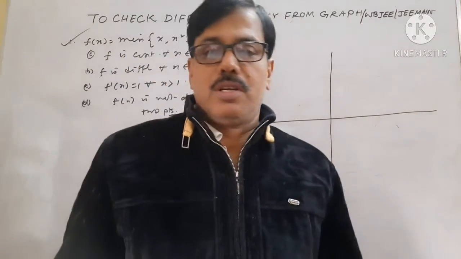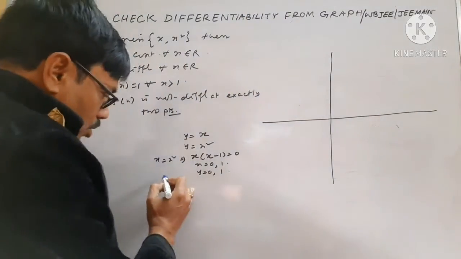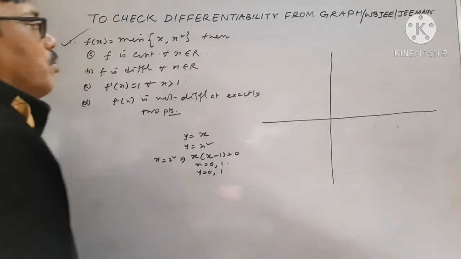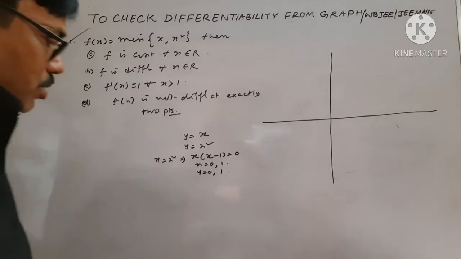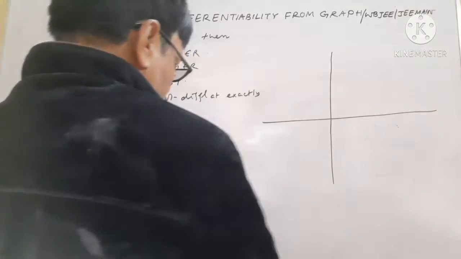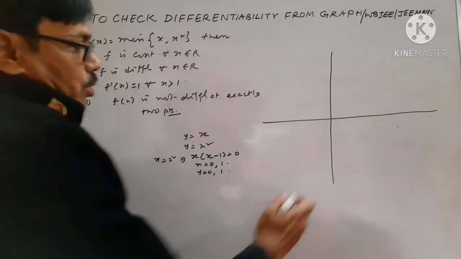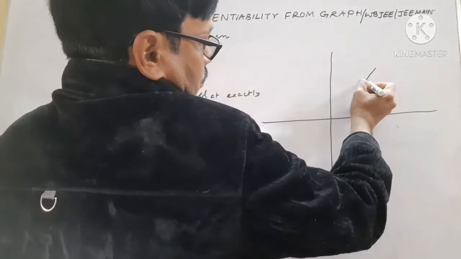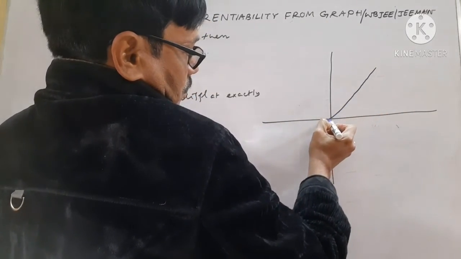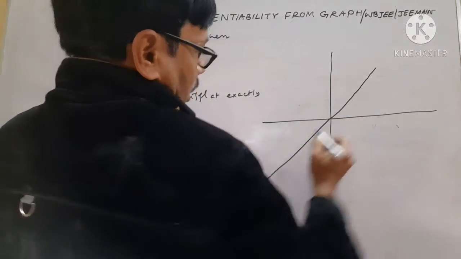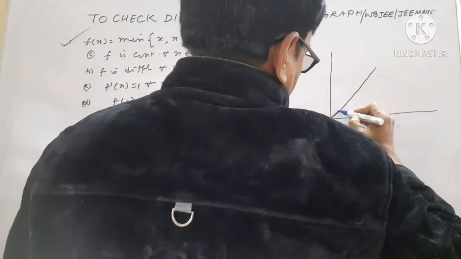The points of intersection are (0, 0) and (1, 1). This is y equals x.